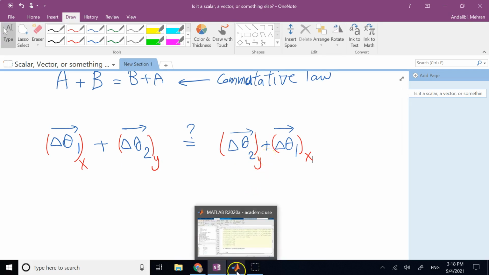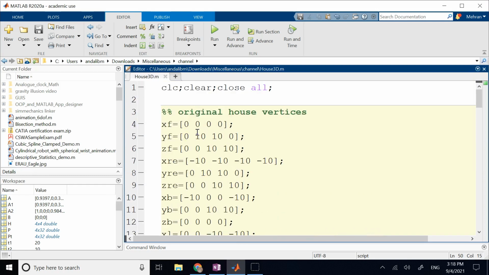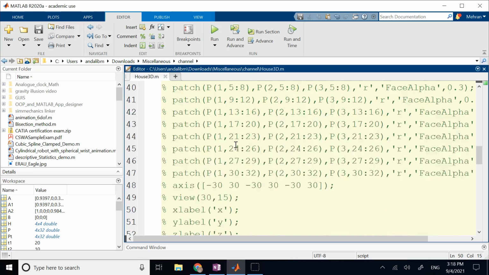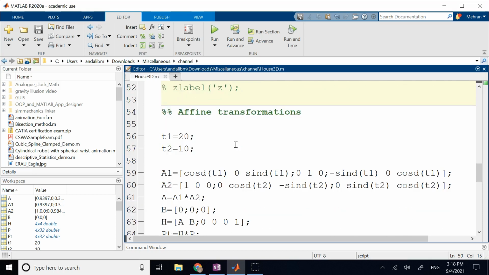Let's find out. So here, I show you a demo. And this demo is the same thing that I used previously to show you affine transformations and so on. So here I have a house, a simple house in MATLAB, and the house is upright. What I will do is I will first rotate it 60 degrees about the y-axis, and then what? 30 degrees about the x-axis, right?